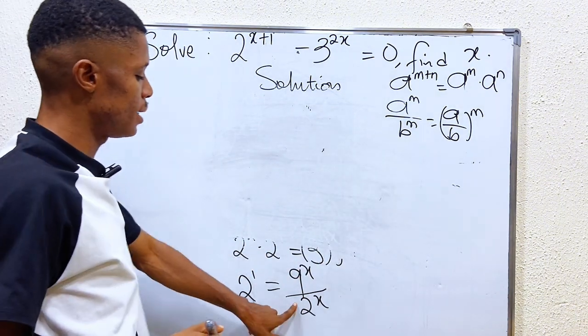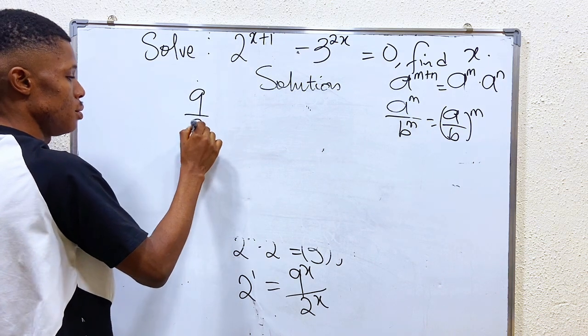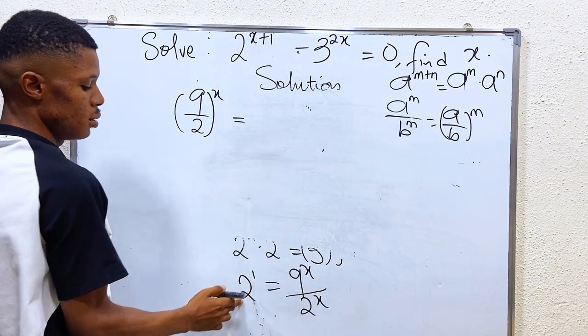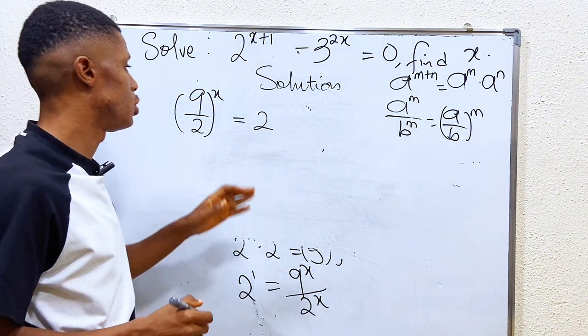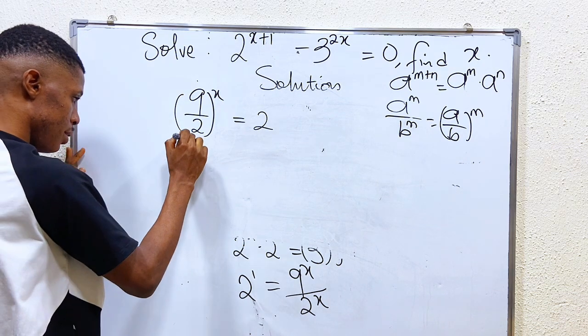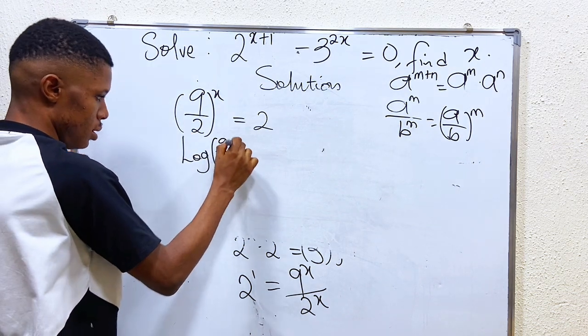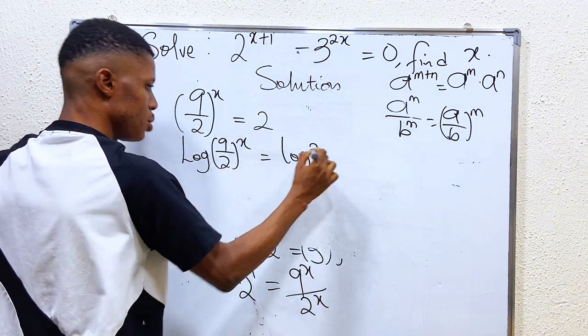So if you apply it here, we have 9 over 2 to the power of x is equal to 2. So the next thing we have to do here is just to take the logarithm of both sides. So if you take the logarithm, I have log of 9 over 2 to the x is equal to log 2.